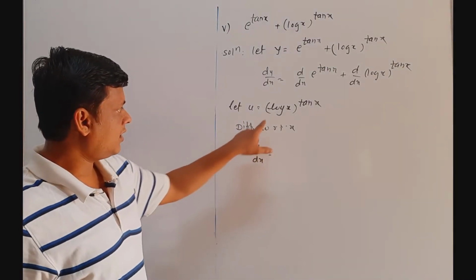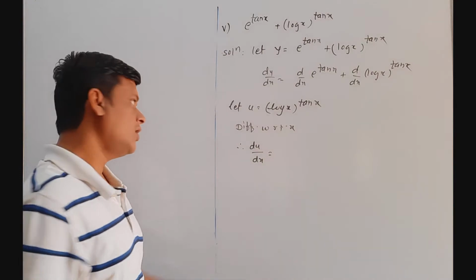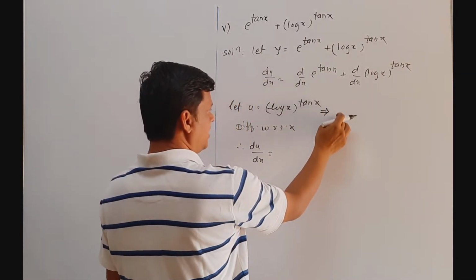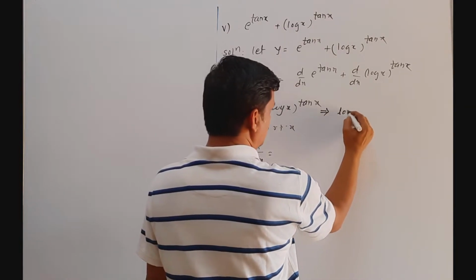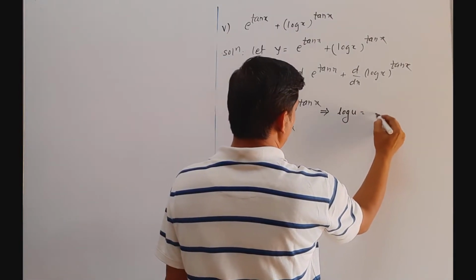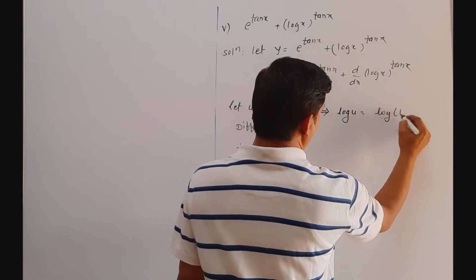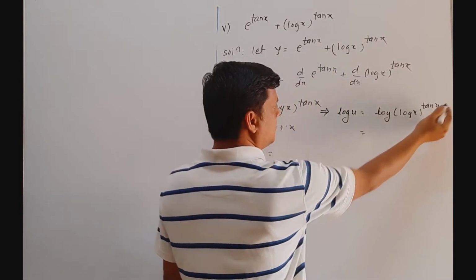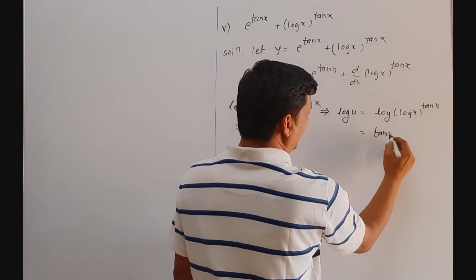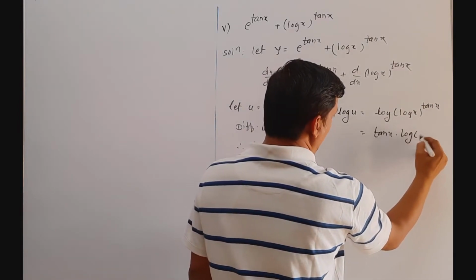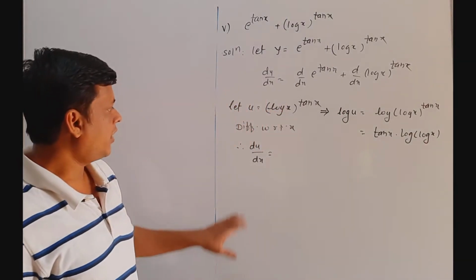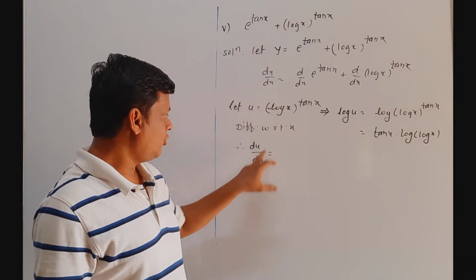We cannot differentiate this function directly, so for that we have to take log on both sides. Taking log on both sides, we write log u is equal to log of (log x) raised to the power 10x. We write this power as multiplication: 10x into log of log x. That means here we have to find du by dx.